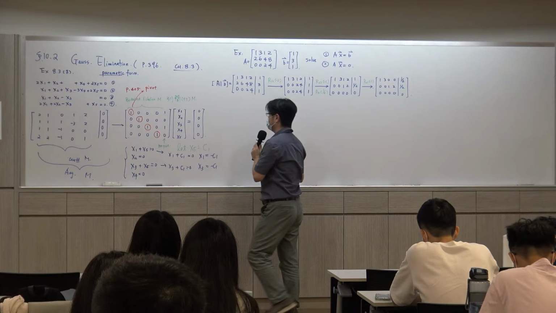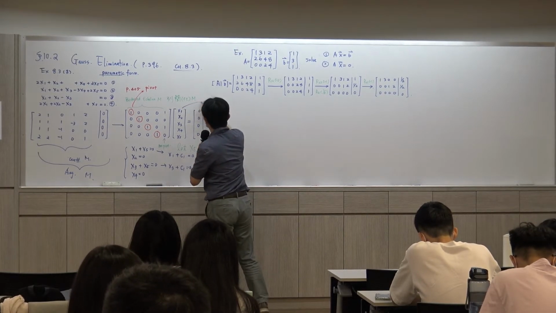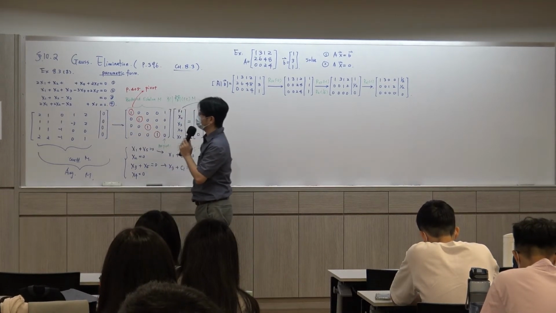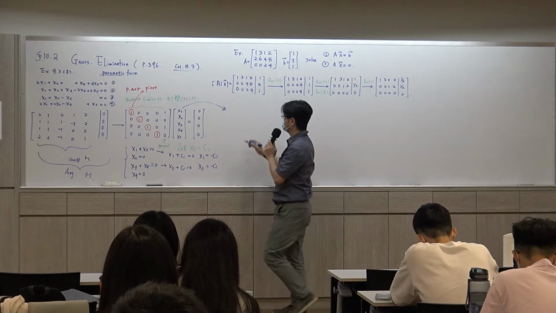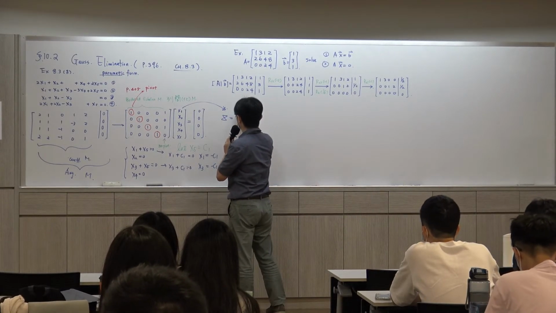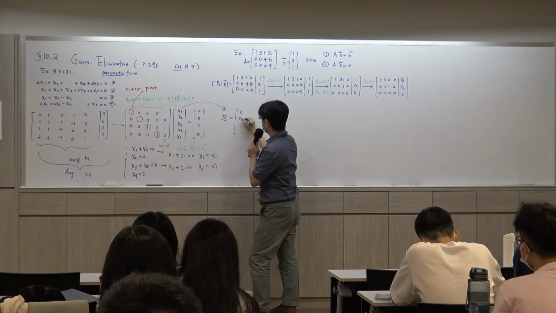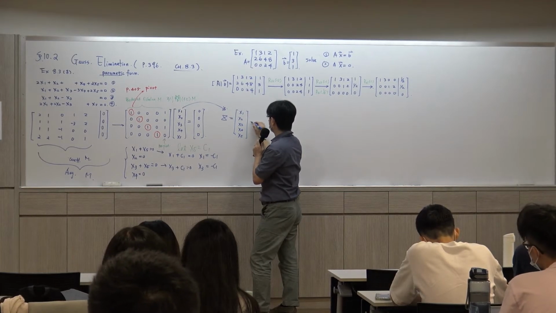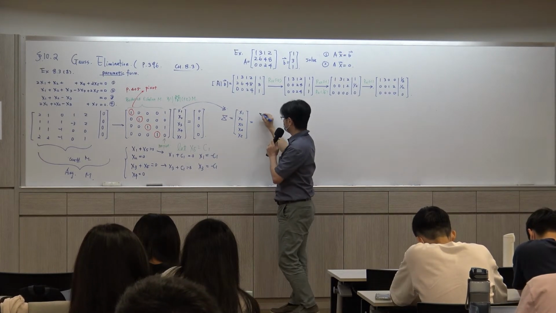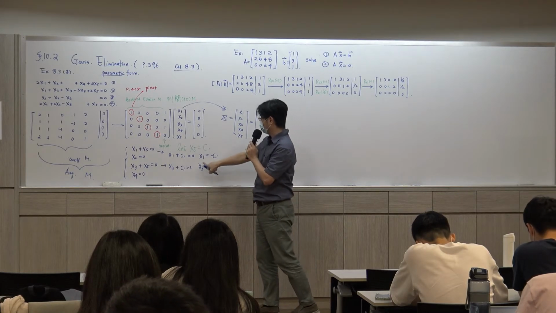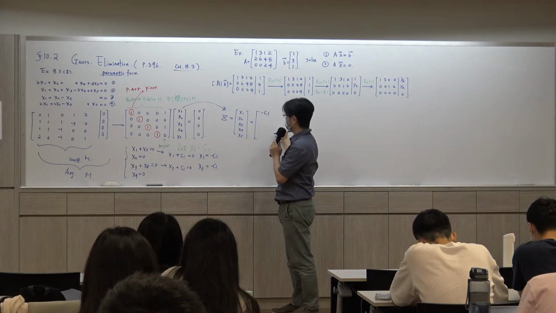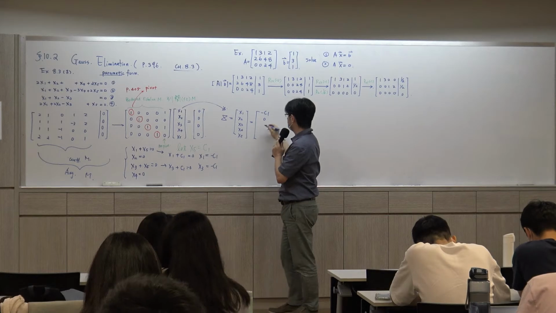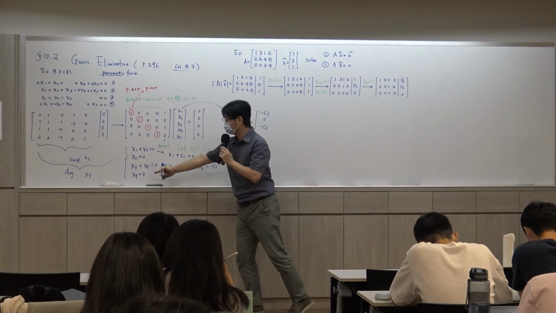Okay, so here the solution for these 4 equations is what we want: S1, S2, S3, S4, S5. So we can describe this. S1 equals minus C1, right? S2 equals 0. S3 equals minus C1. S4 equals 0.